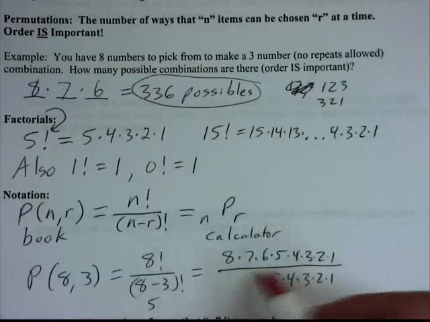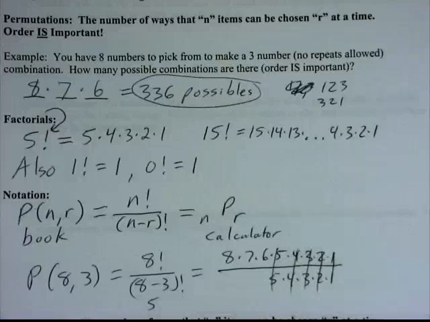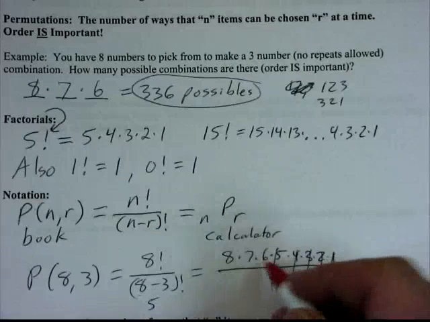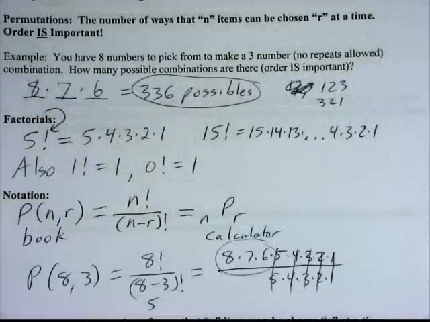And notice, since we have all products here in numerator and denominator, these pieces of the products are going to cancel out, and I'm left with 8 times 7 times 6, which is exactly what I had up here.